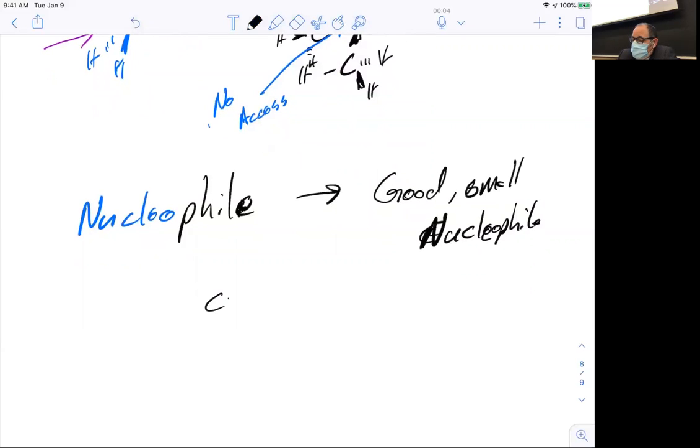So, you know, things like halides make good small nucleophiles, right? Because they're just themselves.